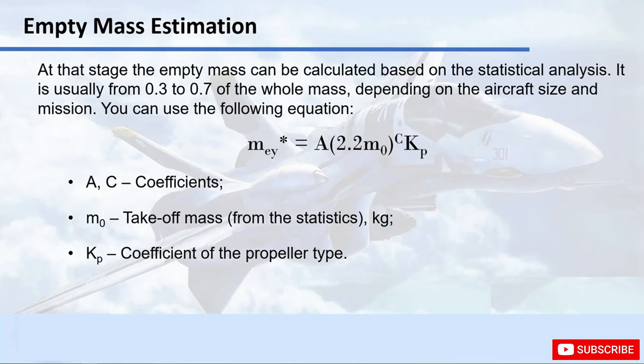Also the Kp coefficient, which is the coefficient of the propeller type, is used in past studies. So what we are basically doing is taking past studies, summarizing the information, and with that information building the equation that I'm showing in front of you. But enough talking, let's head on to our Word document.